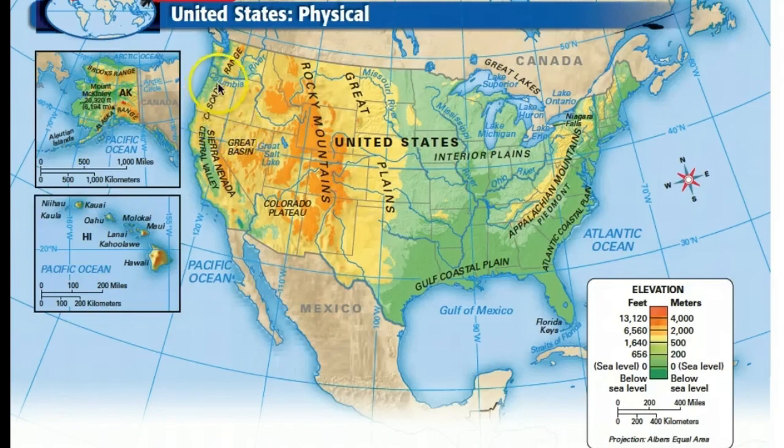The Cascade Range, which is mainly made up of dormant volcanoes, and the Sierra Nevada are two mountain ranges located west of the Rocky Mountains. Mountains stretch all the way into Alaska along the Pacific coast. In Alaska, you will find Mount McKinley, the highest mountain in North America. The Pacific Ocean is the major waterway of the western United States.